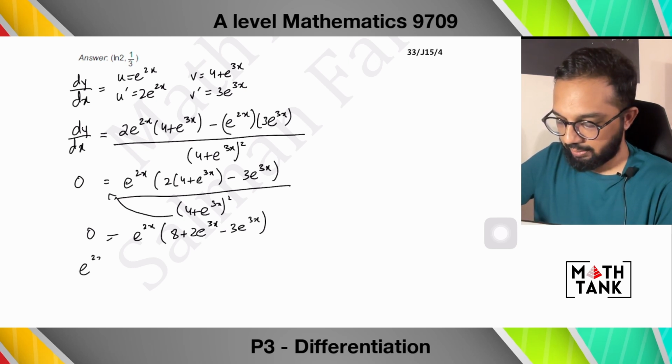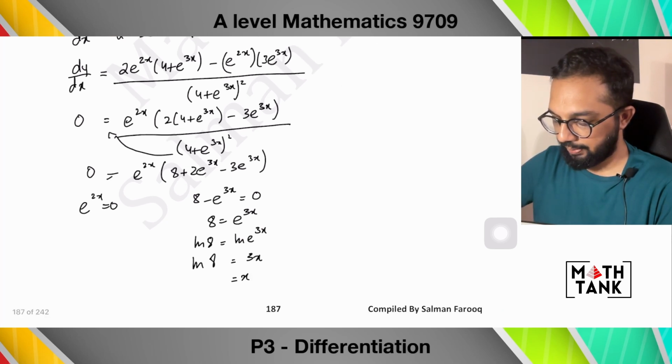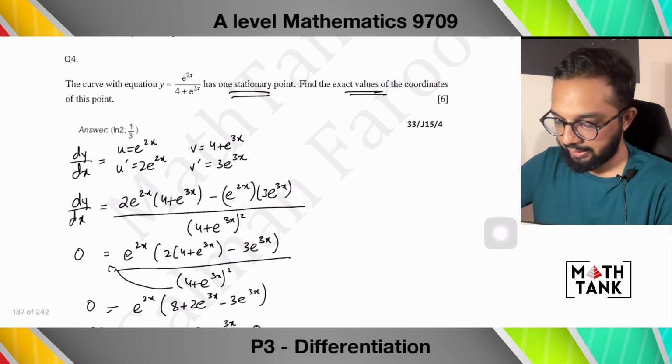So either that equals 0 or this equals 0, which is 8 minus e power 3x. 2 minus 3 gives me minus 1 equals 0. 8 equals e power 3x. Taking an ln on both sides gives me 3x equals ln 8 and x equals ln 8 divided by 3. That's the exact value of the x coordinate.